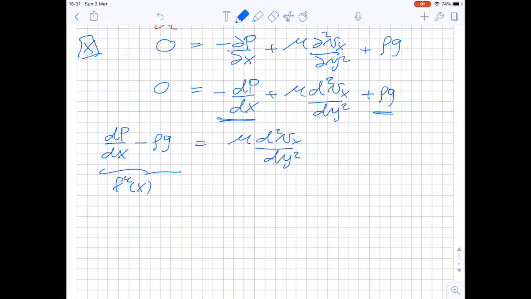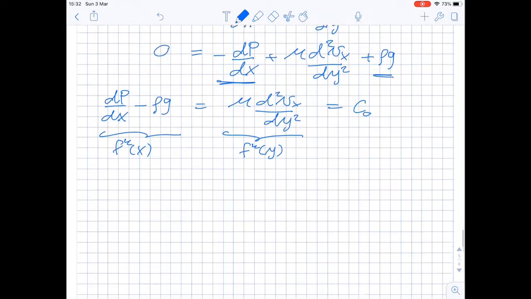Pressure is function of x, rho g a constant. While term on the right are function of y only. This equation is always correct, but one on the left is a function of x, one on the right is a function of y. The only possible answer for equality is that both are constant. Okay?